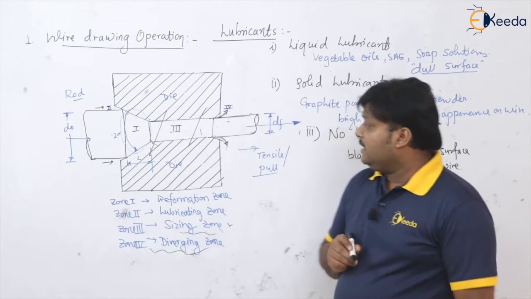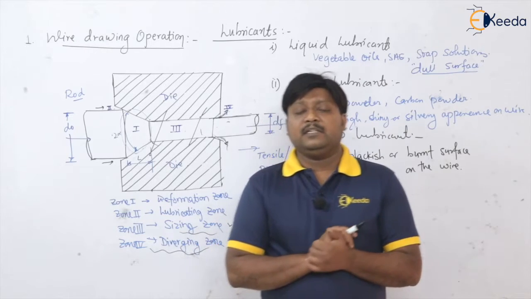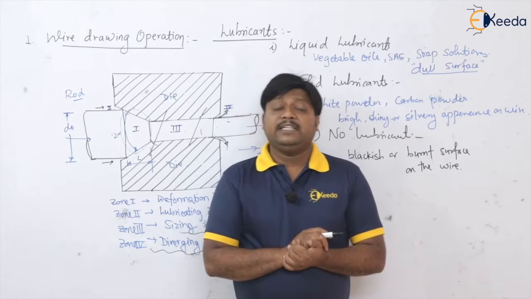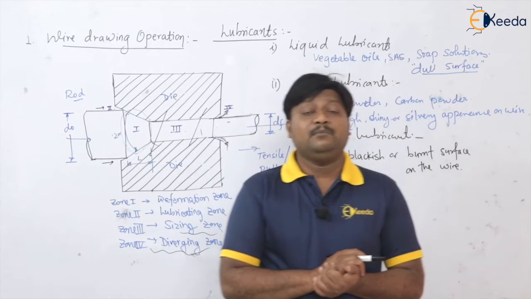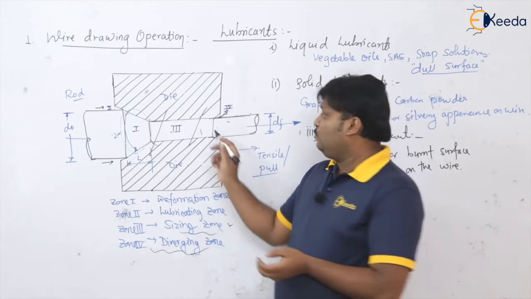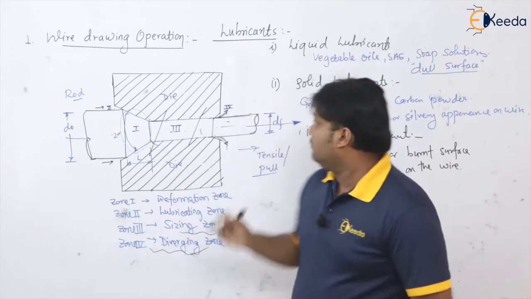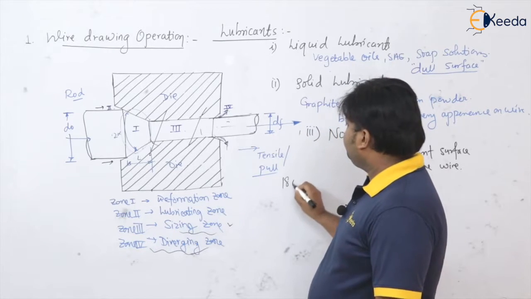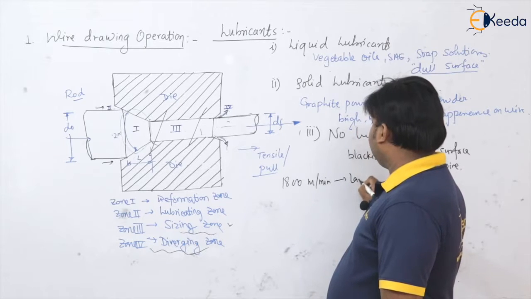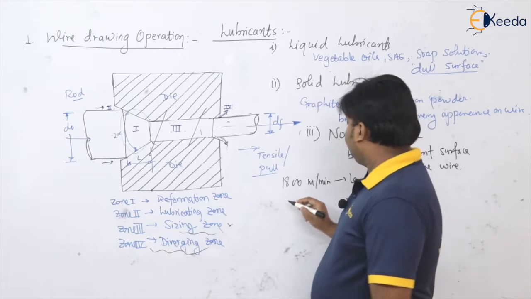Now if you look at the speed of the wire drawing operation, please remember that to draw a very fine size wire, the speed can go up to 1800 meter per minute.